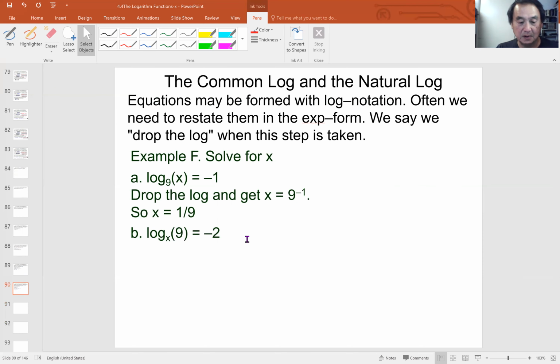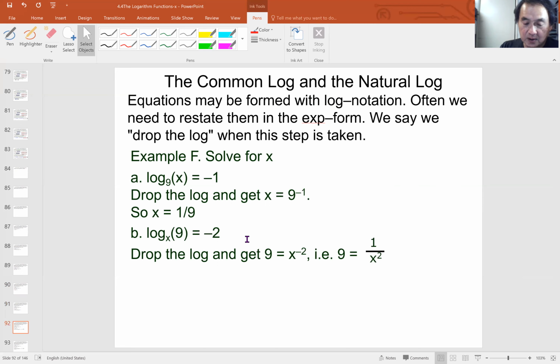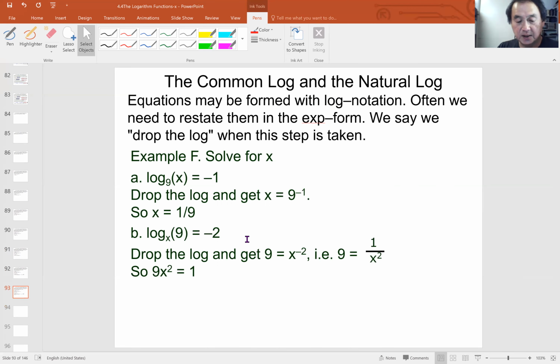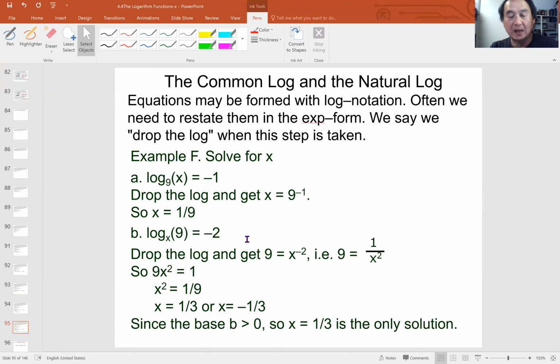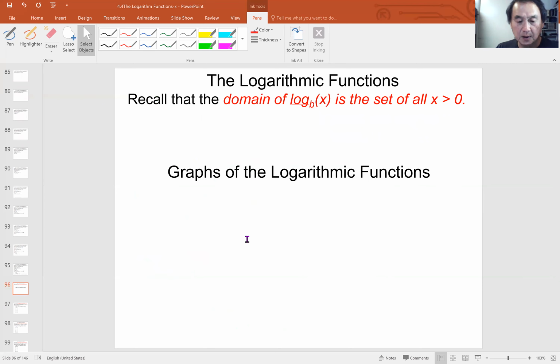Like this one, this is a second degree equation after I put it into base x, and this is 1 over x squared equals 9, and then multiplying by the denominator I get 2 answers. Only one is valid because x has to be positive, so the answer is 1/3. This is how we can create equations by putting an x in particular positions in the symbol. So you have to solve, again, first or second degree equations.